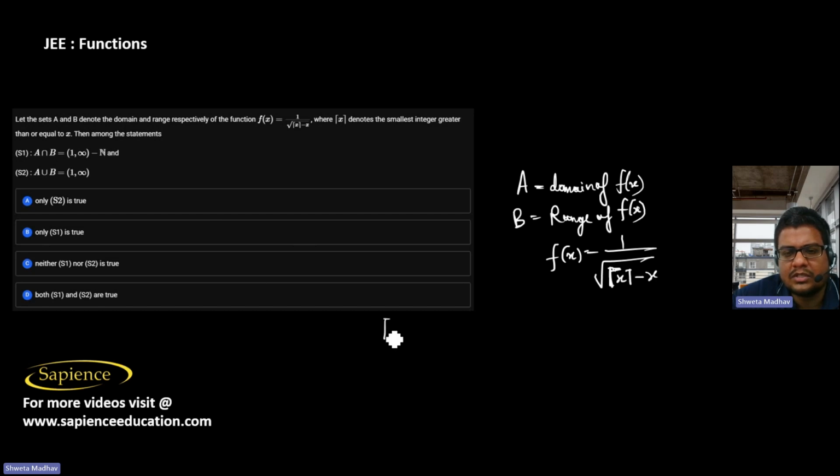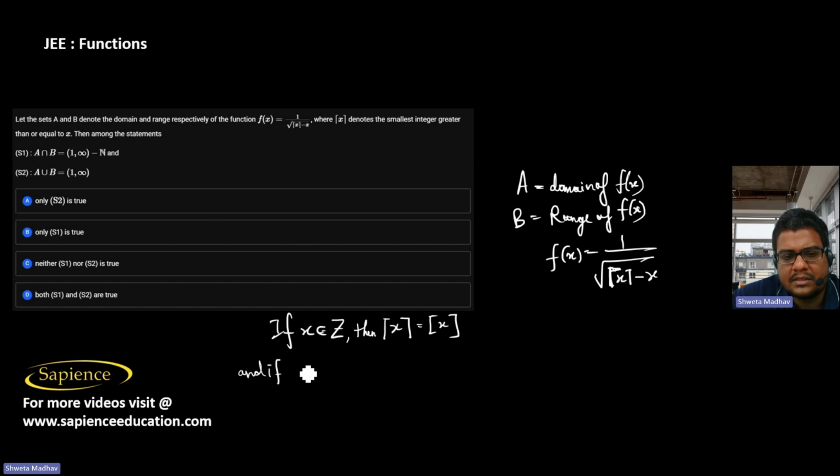So this smallest integer part is the smallest integer greater than or equal to x. If x belongs to Z, then the smallest integer greater than or equal to x will be the same as the greatest integer function only.